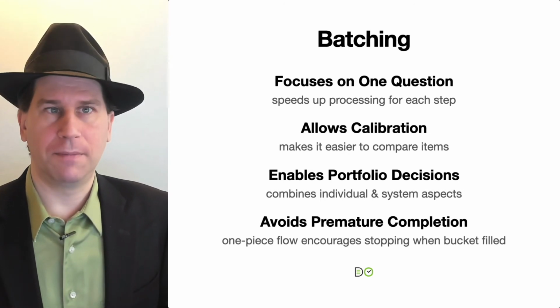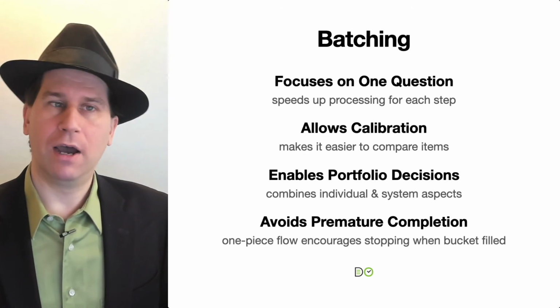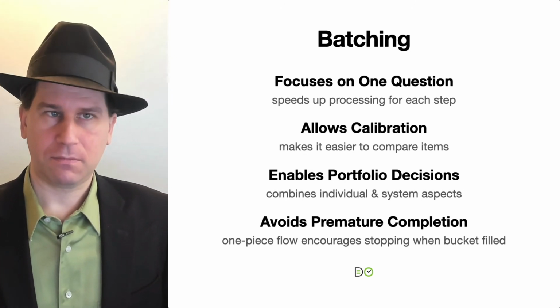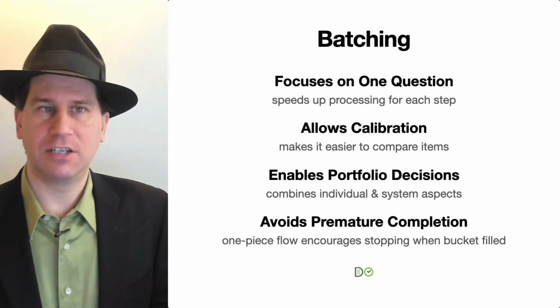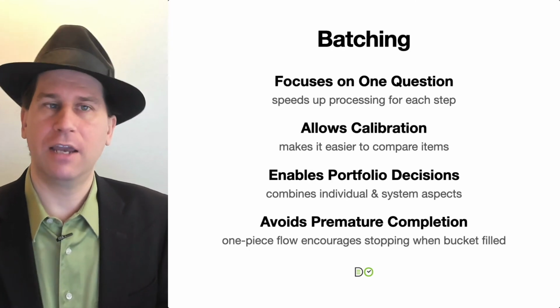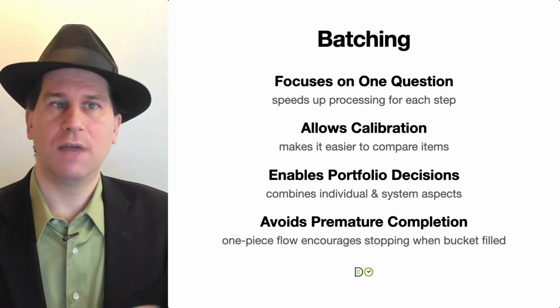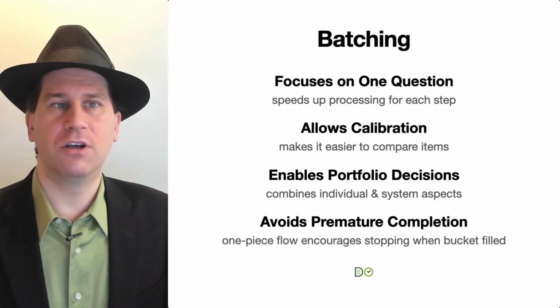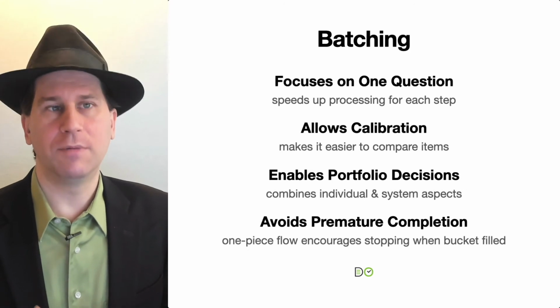Take the schedule step. If I'm doing one-piece flow where I grab an item, I think of an item to do today, I commit to it, I allocate it, and then I schedule it. I commit to another item, allocate and schedule it. Each time, I'm just making individual decisions. I'm deciding this goes into this time slot just based purely on the item itself.